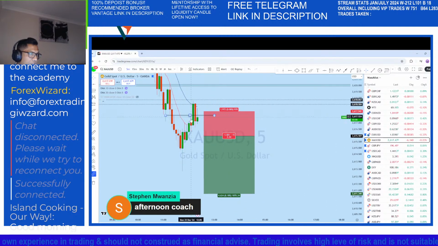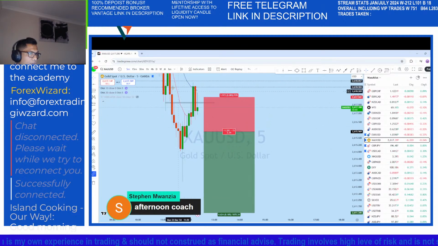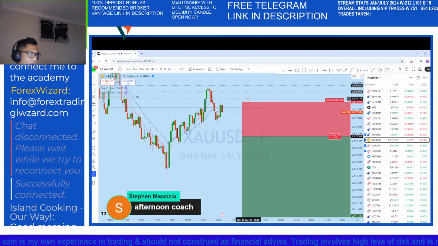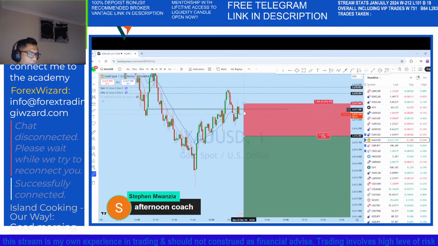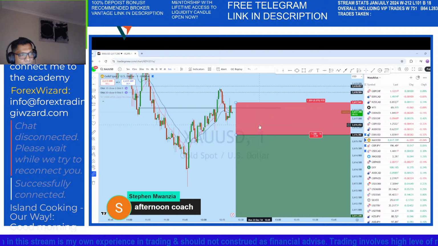Okay, so the price action on XAUUSD is in a downtrend here, and so want to see that it's breaking below.